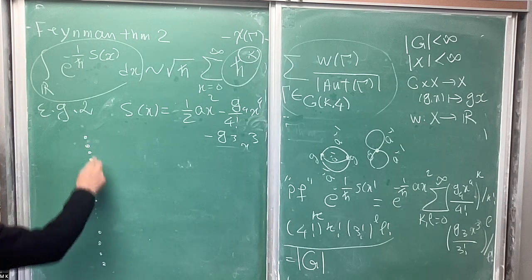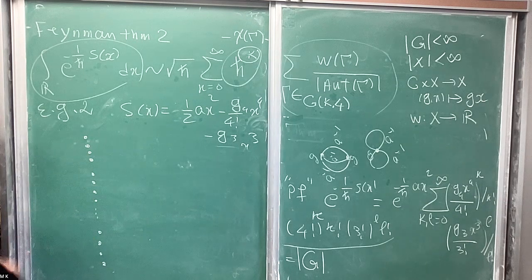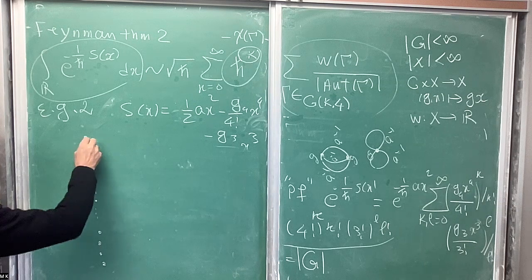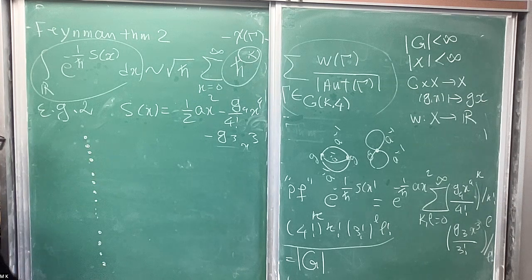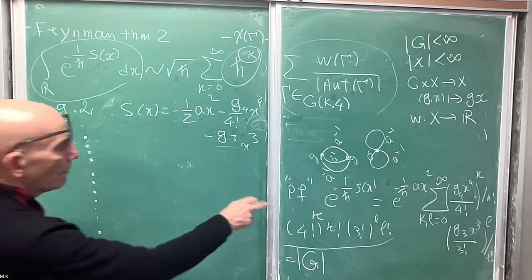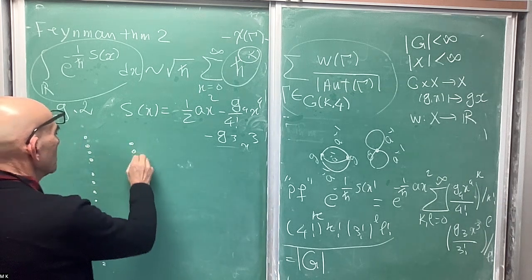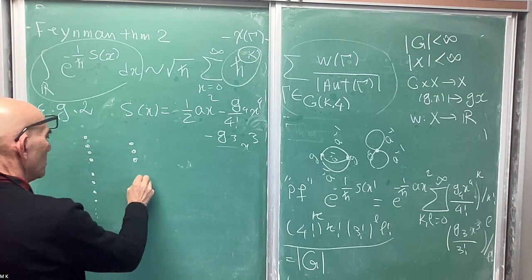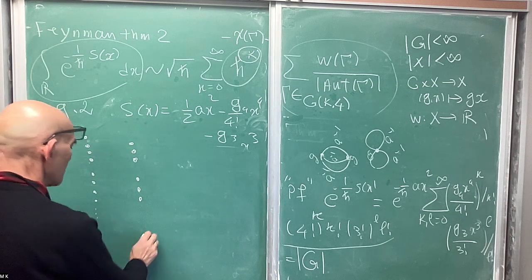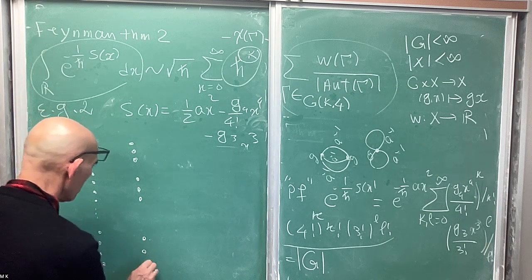So there are a total of K of these things, each K block of 4 each, right? And then we have L blocks of 3 each here. This time we get L blocks.